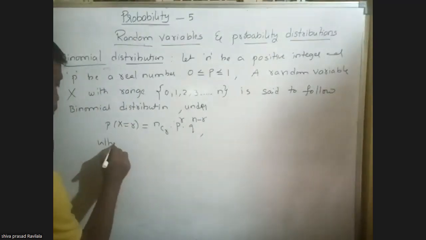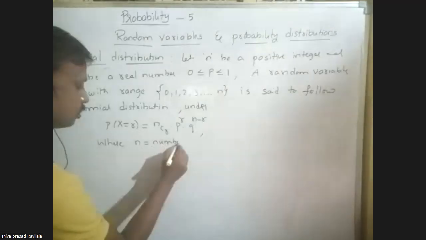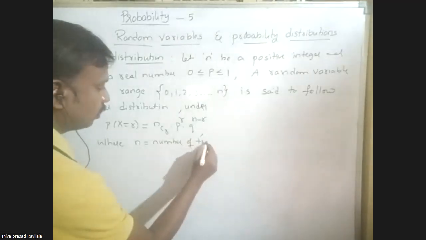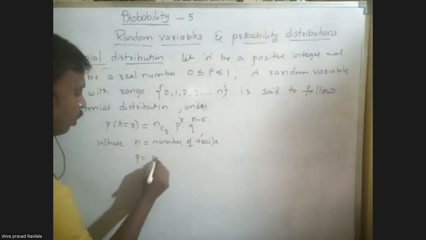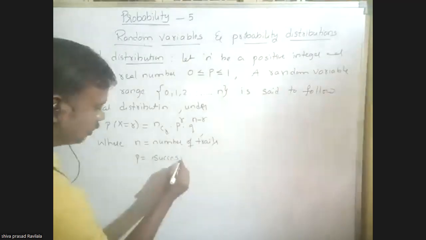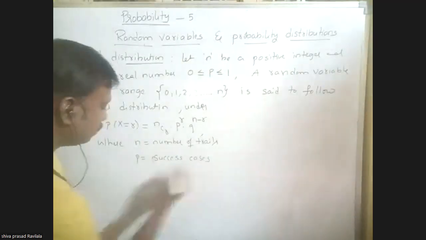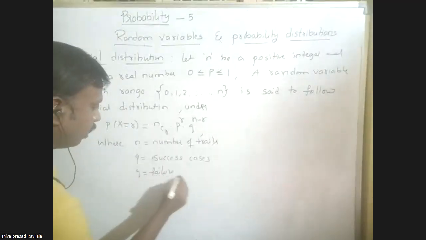Where n is equal to the number of trials, p is equal to the probability of success, and q is equal to the probability of failure.